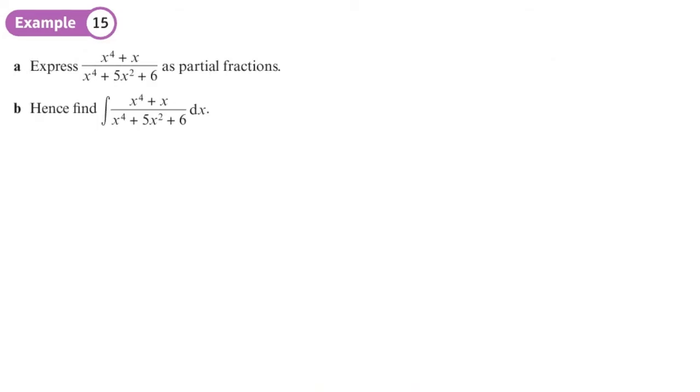Right, first thing to notice on this question is that this is an improper fraction. Because it's an improper fraction, there is a quotient, a whole number part, and we can get that whole number part out by equating coefficients, but I'm going to take it out by doing long division.